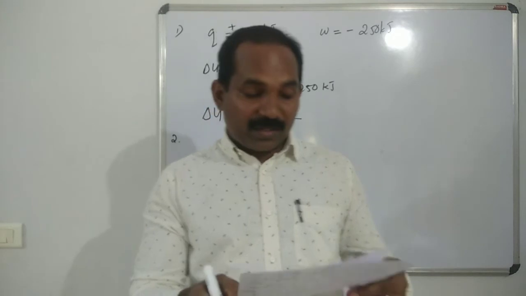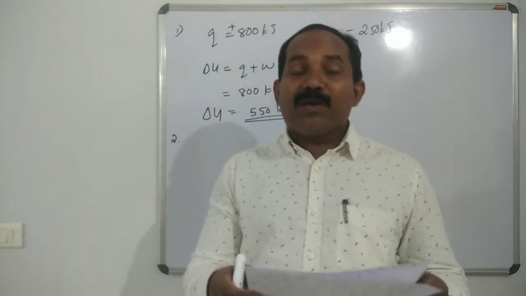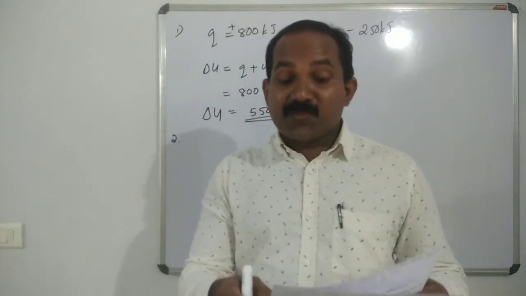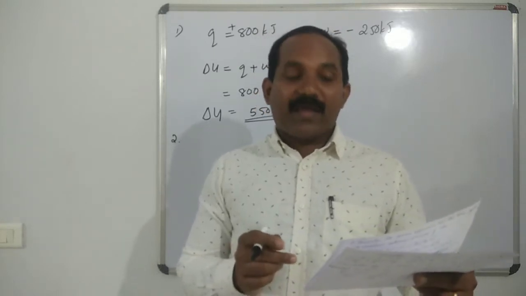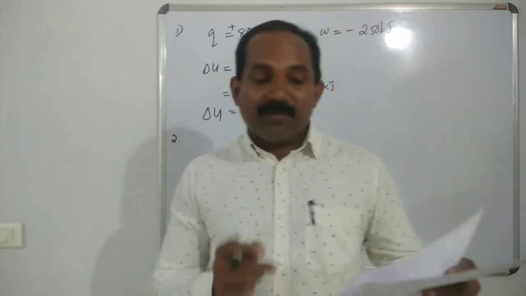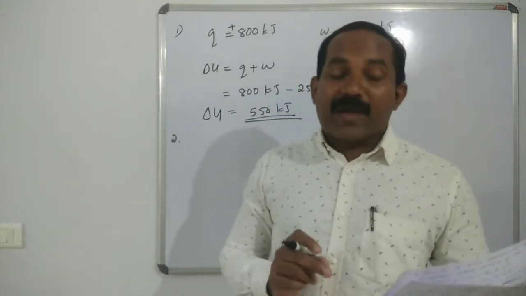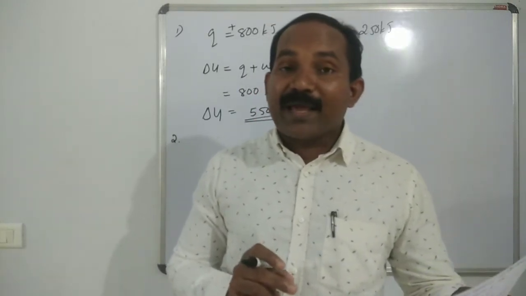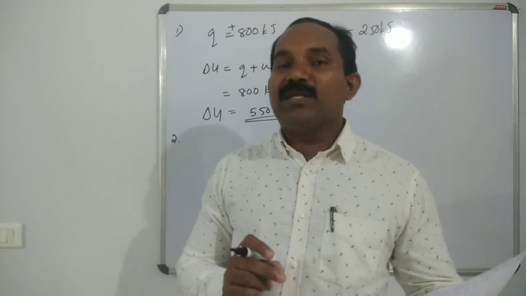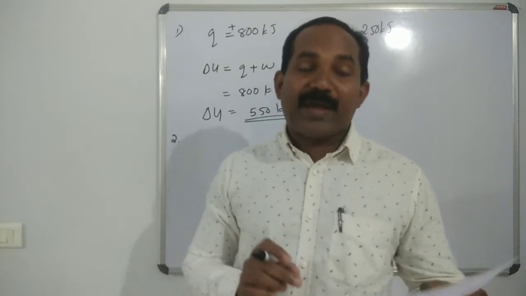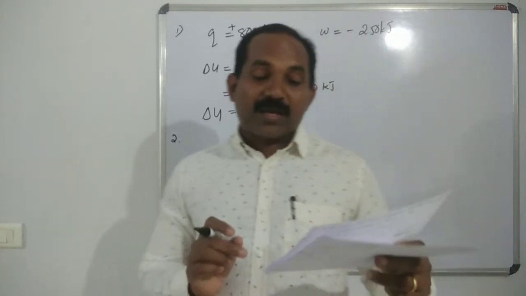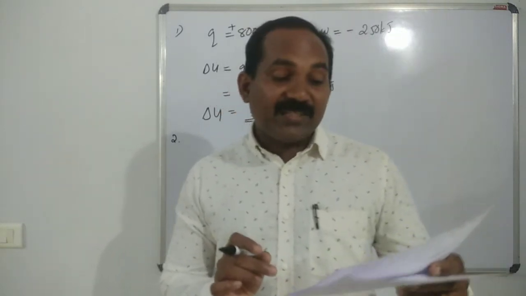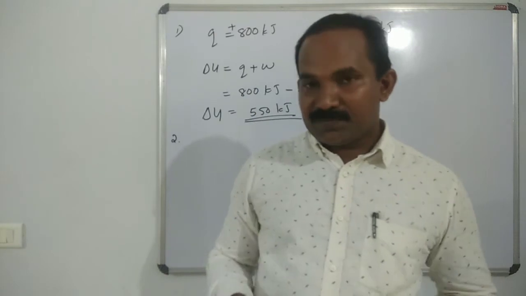Once again, I read the question: a sample of gas undergoes expansion against a pressure of 1 atm from a volume of 500 milliliter to 906 milliliter by absorbing 500 joule of heat. Calculate the change in the internal energy.